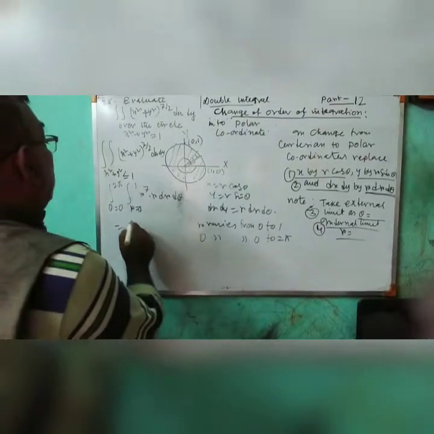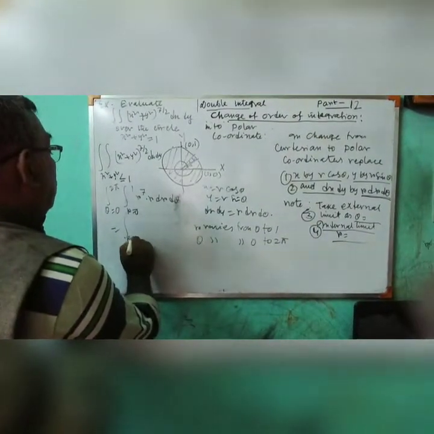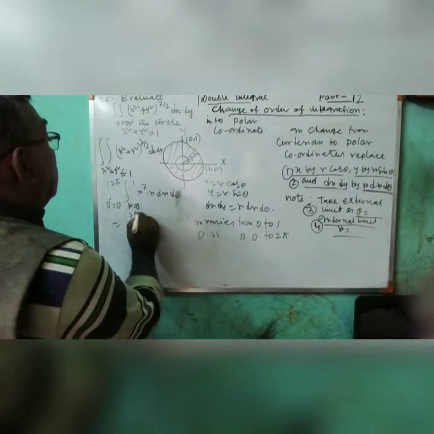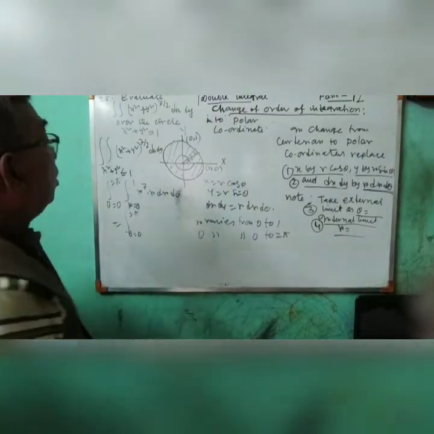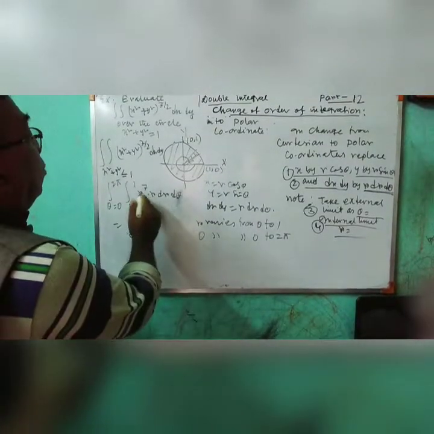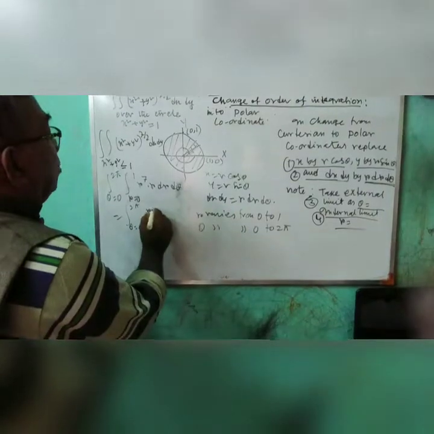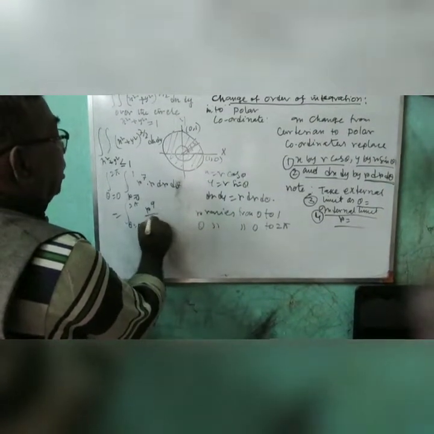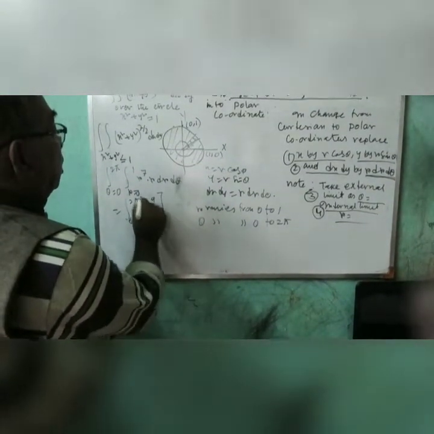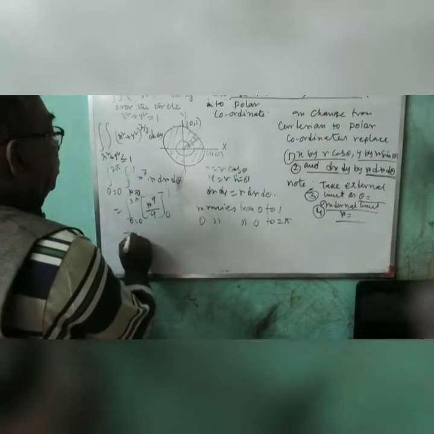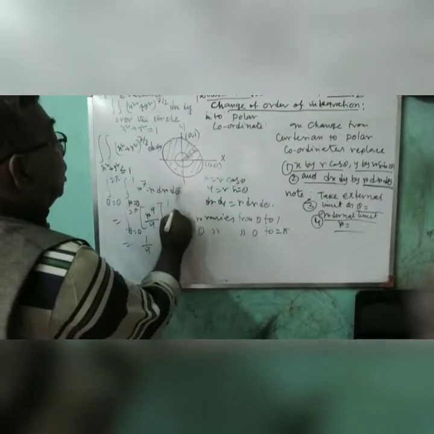So theta equal to 0 to 2 pi, then it is r to the power 8. Integration of r to the power 8 is r to the power 9 by 9. Then from 0 to 1, it comes 1 by 9 into d theta.